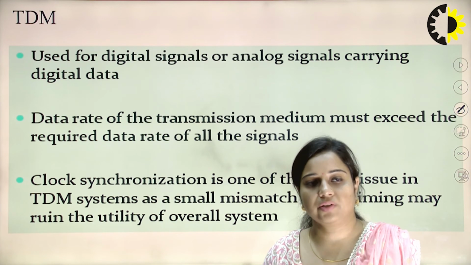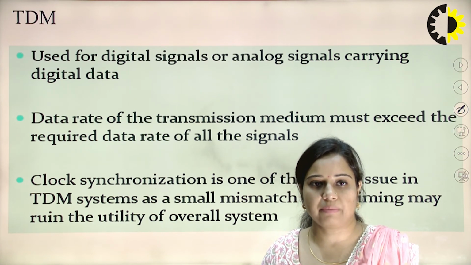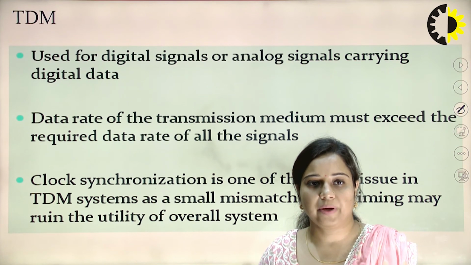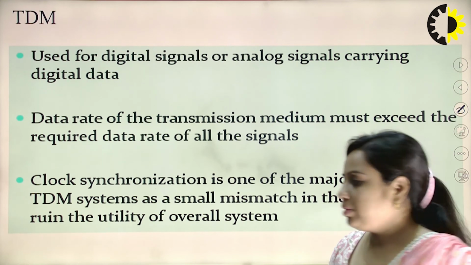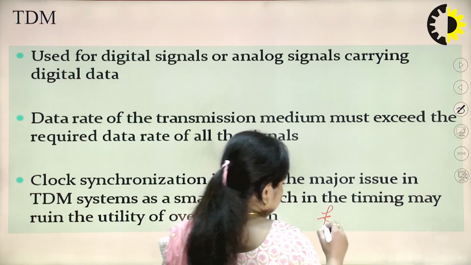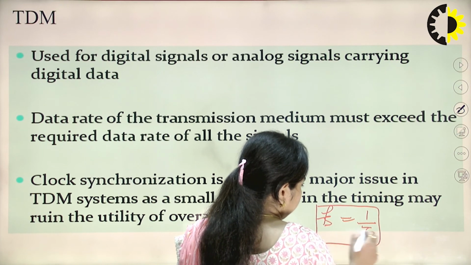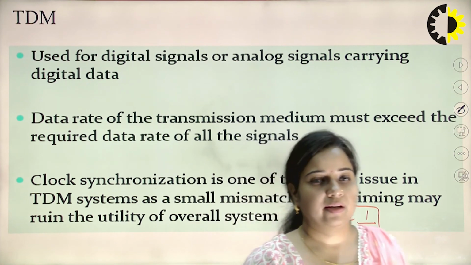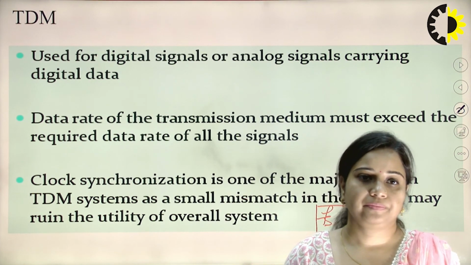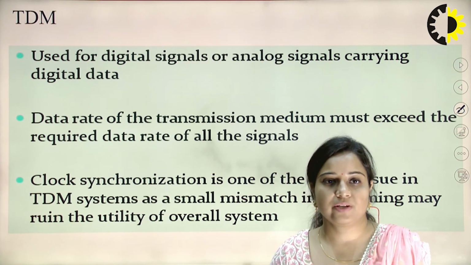So what is clock synchronization? For this TDM we require a sampler, and to operate the sampler we have to assign a sampling frequency. Now the sampling frequency is denoted by Fs, and its inverse, Ts, is known as the sampling time. When we are doing the modulation at the transmitter side and demodulation at the receiver side, this Ts has to be set to a value so that it will take the samples at equal time intervals.